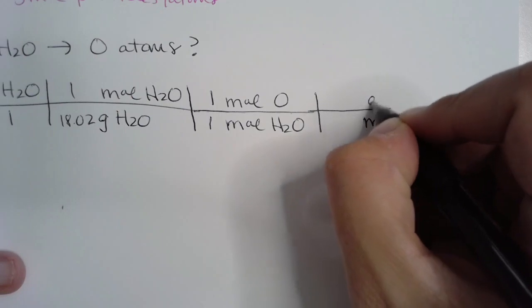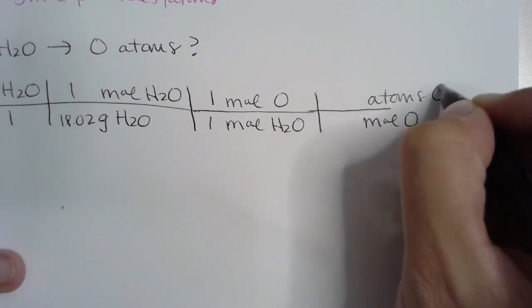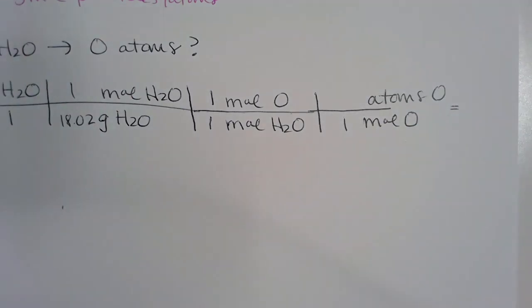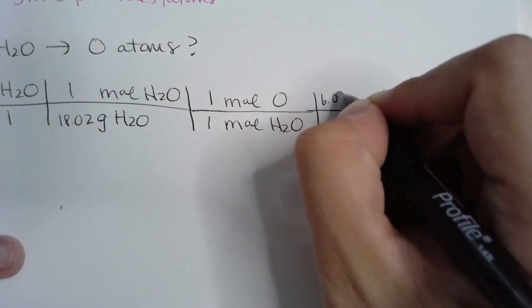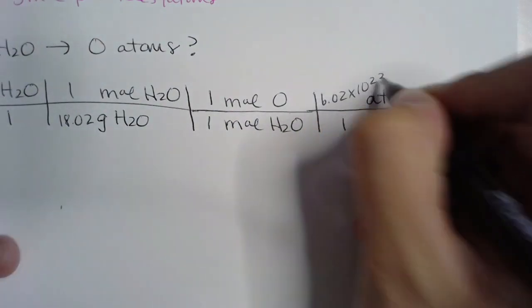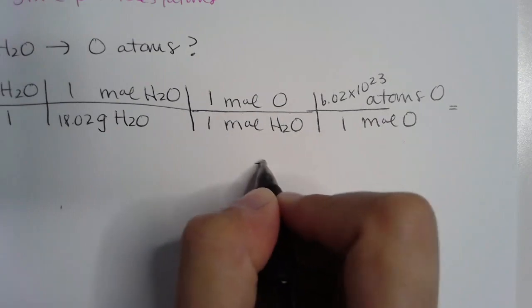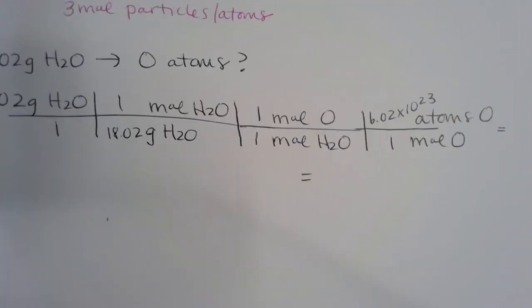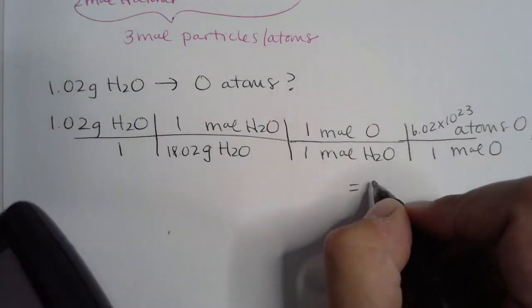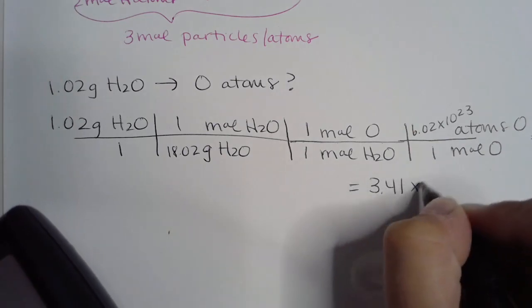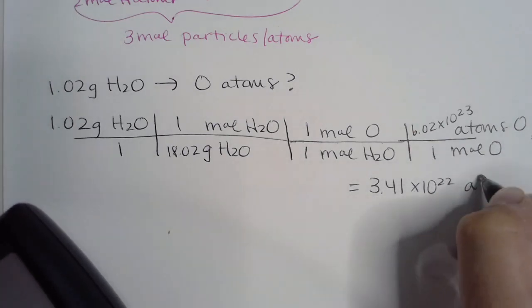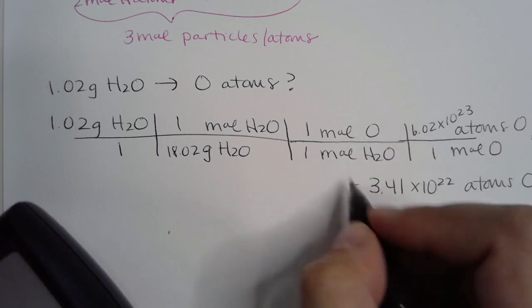So moles of oxygen to atoms of oxygen, 1 mole of anything contains Avogadro's number of things. So when I solve this, 3.41 times 10 to the 22nd atoms of oxygen.